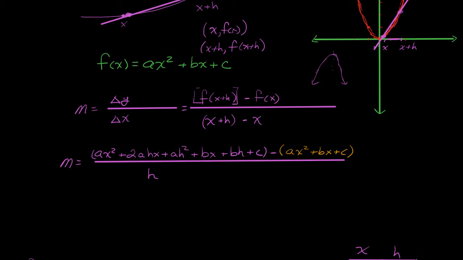So I get ax squared minus ax squared. Well, these two terms will zero out, so make a zero pair right there. There's a bx minus a bx. Again, bx is in parentheses here, so bx minus bx is 0. And I have a c minus a c, so that makes a 0 pair.